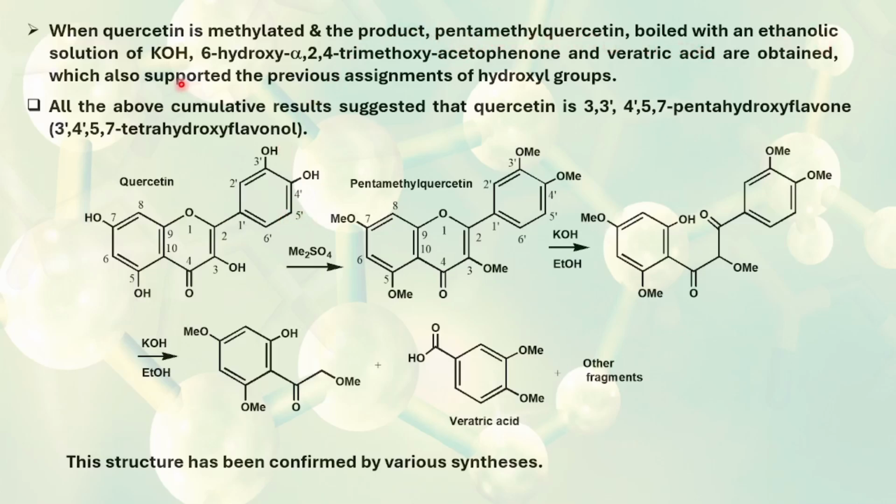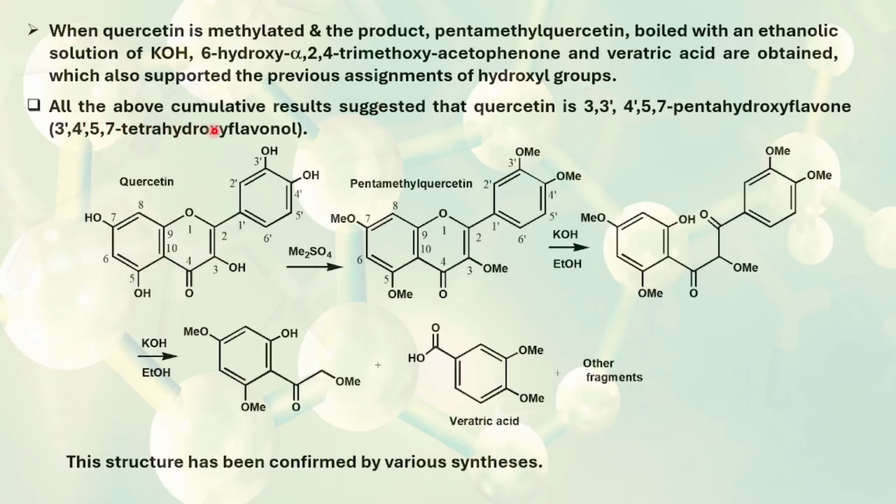Boiled with ethanolic potassium hydroxide, 6-hydroxy-omega-2,4-trimethoxyacetophenone and veratric acid are obtained, which also supported the previous assignment of hydroxyl groups.